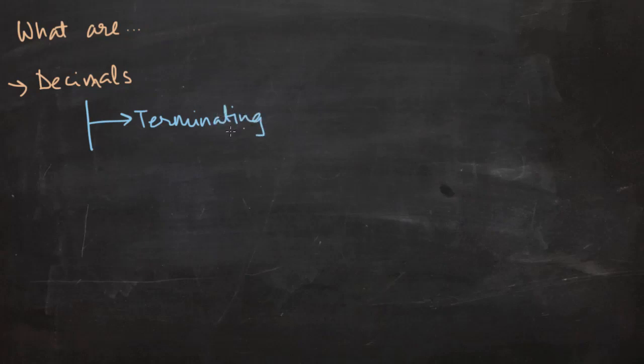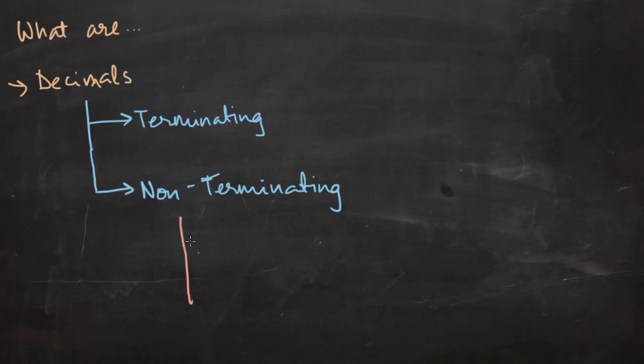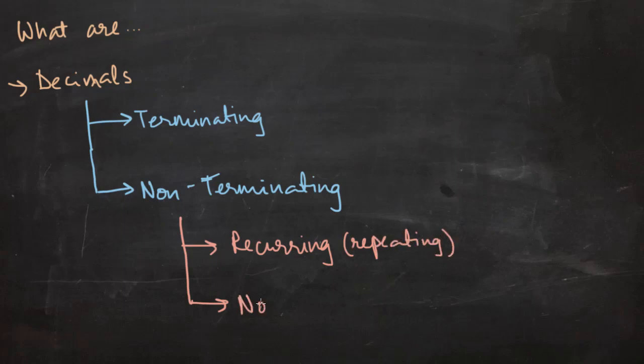Terminating decimals. And you can have non-terminating decimals, right? Non-terminating decimals. Now within non-terminating decimals, you hear about two more kinds. They are recurring. Another word for recurring would be repeating. And non-recurring decimals, non-recurring or non-repeating.